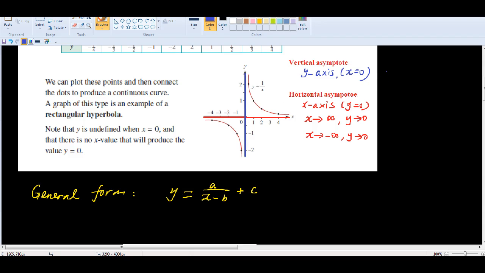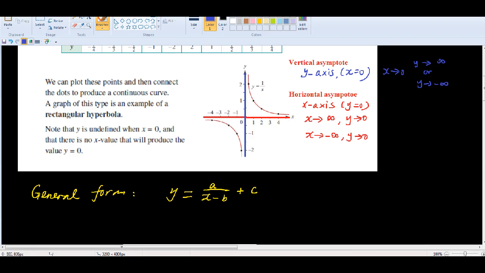So you will see when x tends to 0, y either tends to positive infinity or y tends to negative infinity.